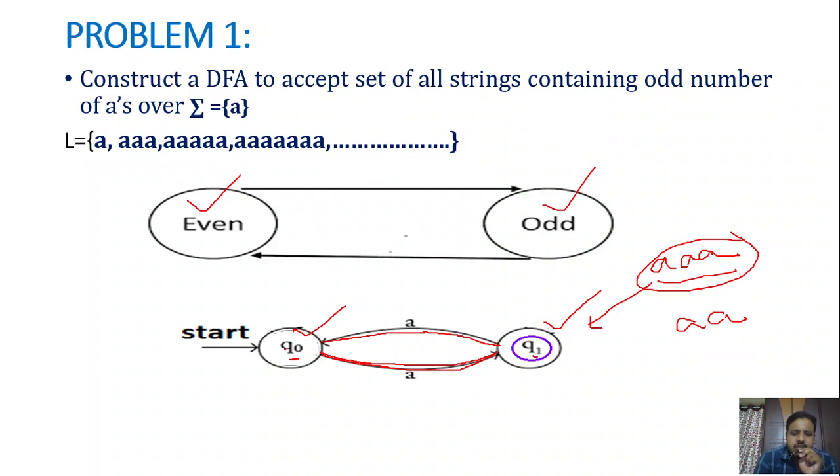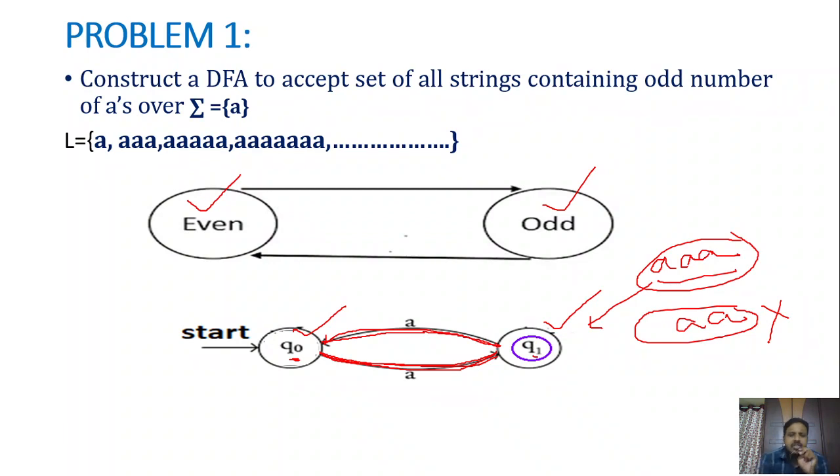If you give two a's, is it accepted? No. From Q naught, on the first a you go to Q1, and on the second a, from Q1 you move to the state Q naught. In this case, you end up at Q naught. After processing the string aa, you are not in the final state, so the string aa is rejected.